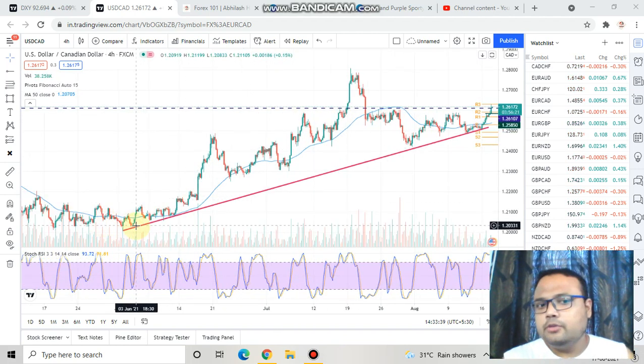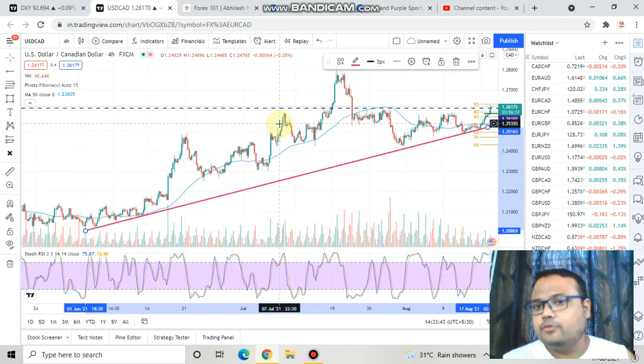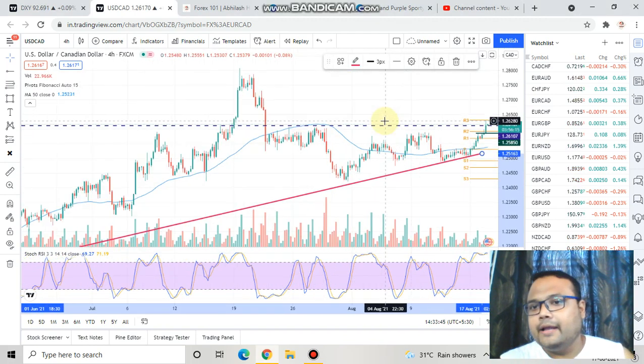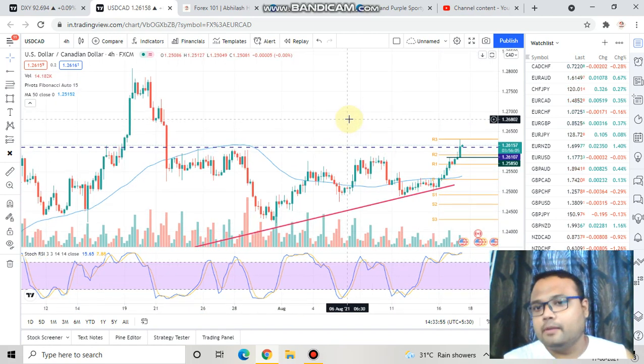First and foremost, you must draw this line. This line is acting as a dynamic support for the market. And as you can see, from here the market bounced again. So it clearly signifies that this trend line is a valid support for the market.